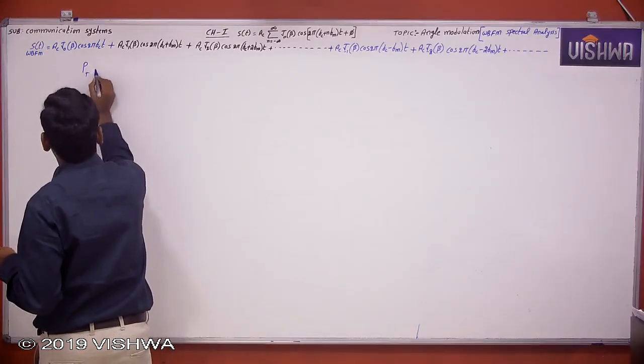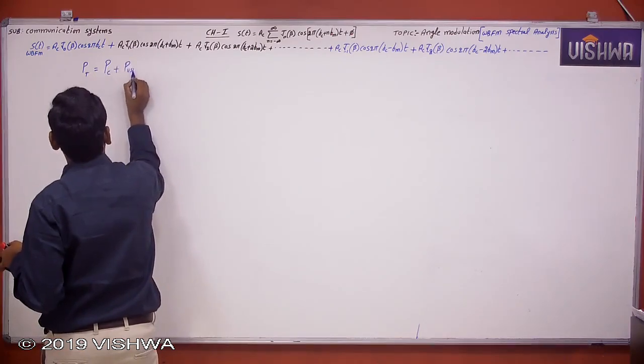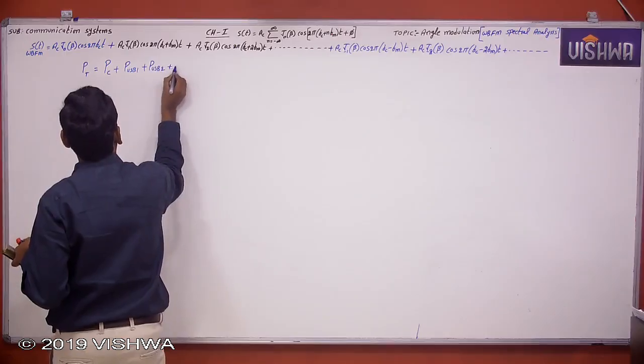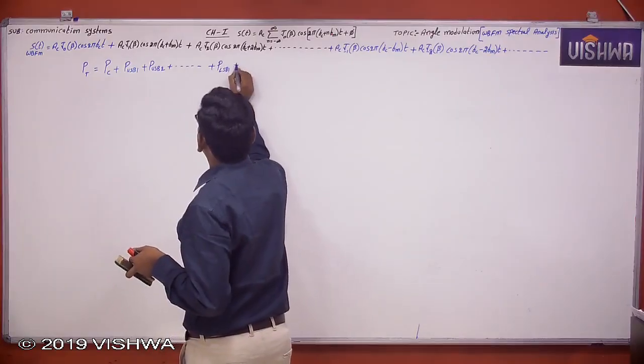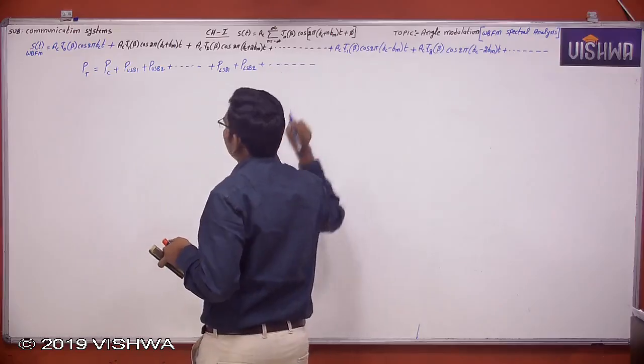The total power is equal to carrier plus upper sideband 1 plus upper sideband 2 and so on, plus lower sideband 1 plus lower sideband 2 and so on.